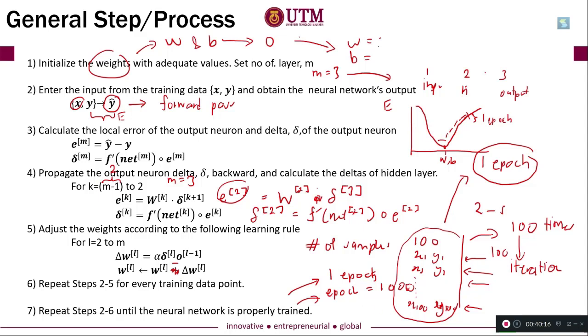But what actually happens is that it will repeat up until 1000, but at the end you will find out, let's say at epoch number 100, you already arrive at the valley here. Then what happens at 101? It might go a little bit to this side. Let me draw a little bit.